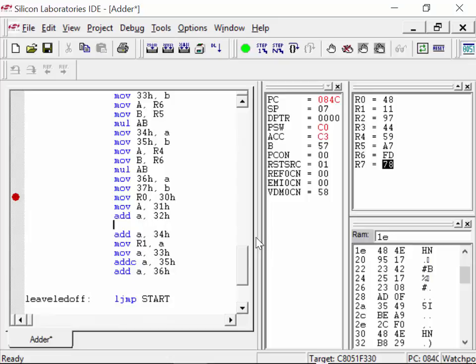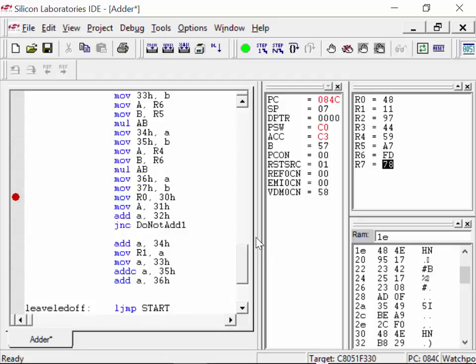So let's do a jump no carry to don't, and then I'm going to say don't add 1. You know, that's just a label right there. Let's just do an increment.